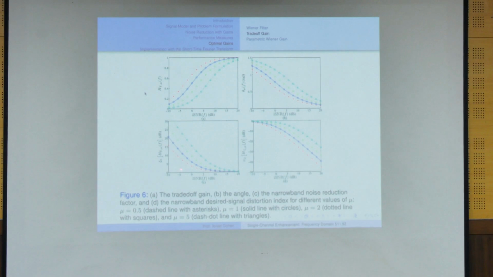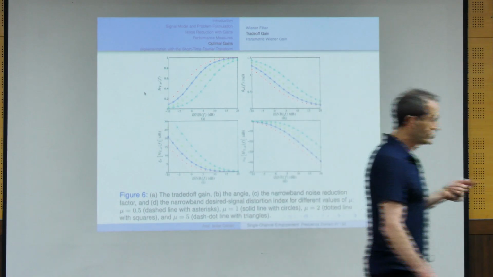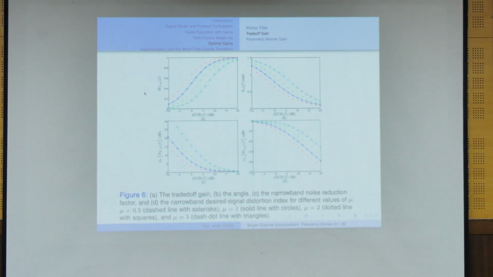So you see, for a given input SNR, when we increase mu, we give more weight to the noise error.